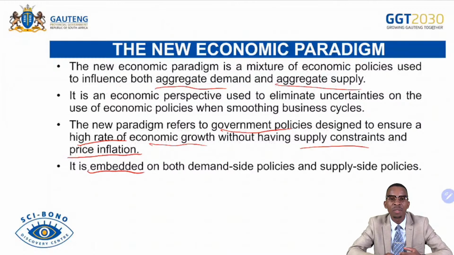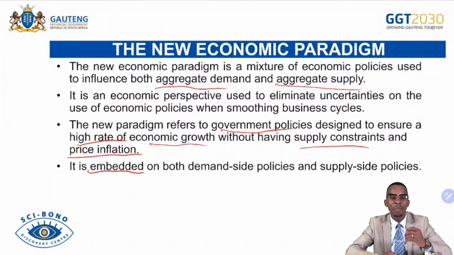If we talk about the demand side policies, we talk about measures undertaken by the government to influence aggregate demand in the economy, while the supply side policies refer to measures undertaken by the government to influence aggregate supply in the economy. So the main idea here is that it is very important for the government, if it intervenes in the economy, to ensure that if it influences the aggregate demand, the aggregate supply is also influenced.